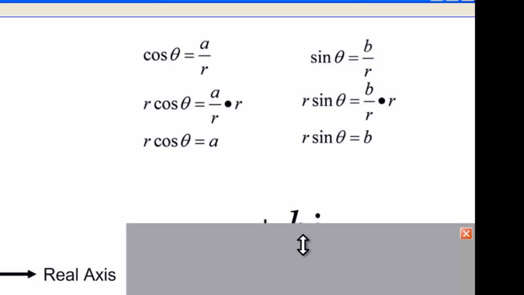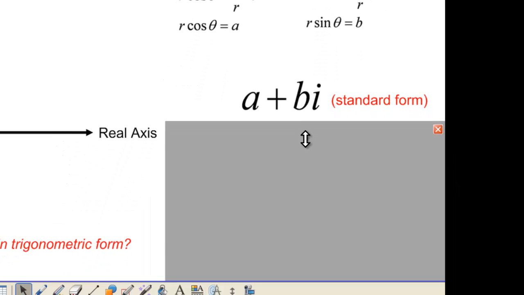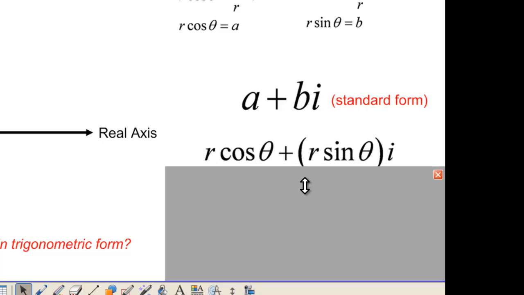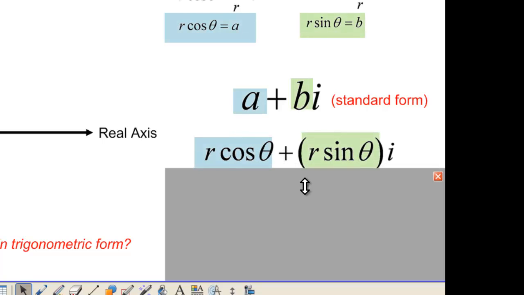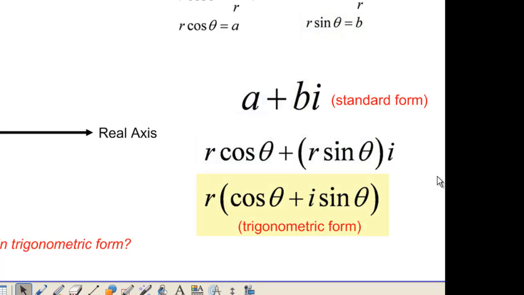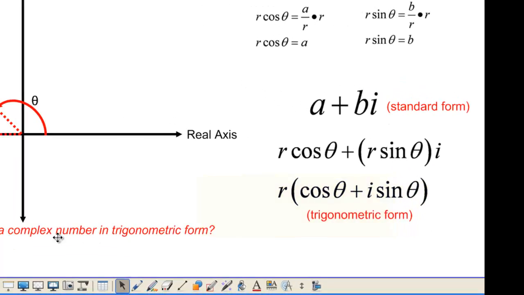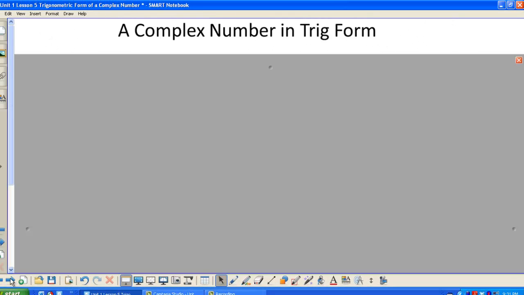I can take those values now and substitute those into standard form. So a can be rewritten as r cosine theta. b can be represented as r sine theta. And if I factor out an r, then I end up with r times the cosine theta plus i sine theta. And this is considered trigonometric form of a complex number.